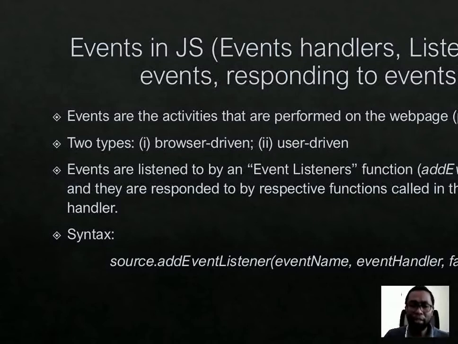So there are things that a user who is using a computer, and more especially using a website, would do to generate events: clicking buttons, moving the mouse here and there, canceling something, entering text, pressing keys, doing all sorts of activities. That's user driven.